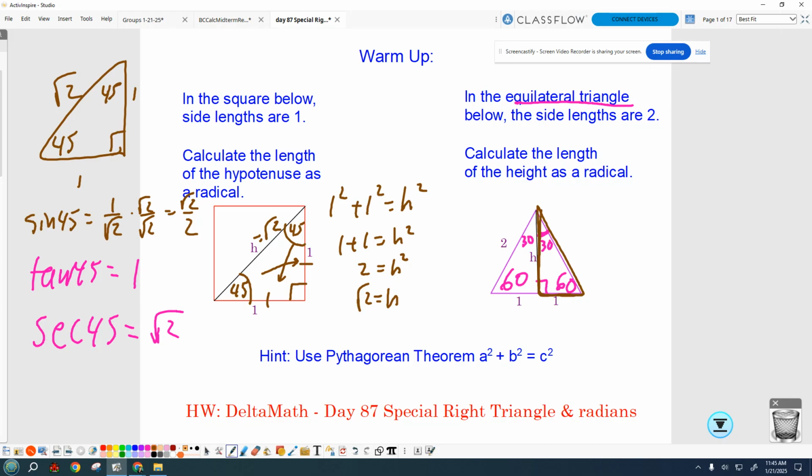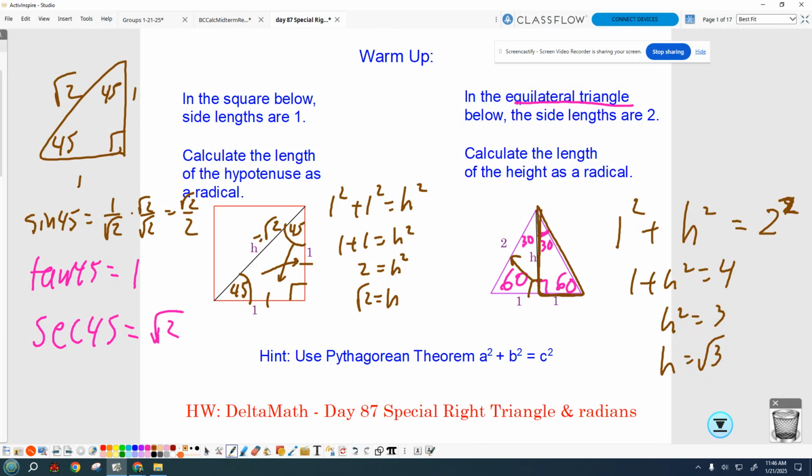Using the 1 and the 2 and the h. So is it 1 squared plus h squared, or is it 2 squared? h, because across from the 90 degrees is the one that's across the equal sign. So 1 squared plus h squared is 2 squared. h is root 3.